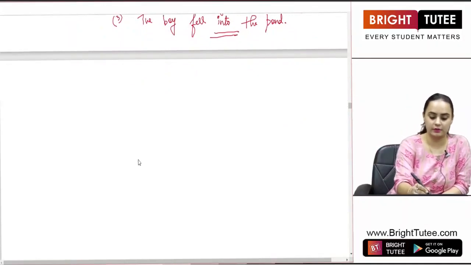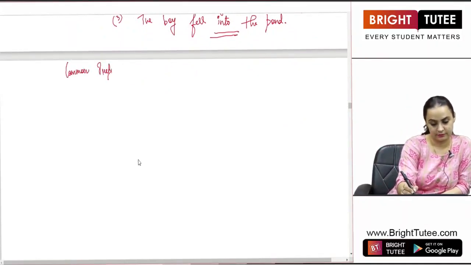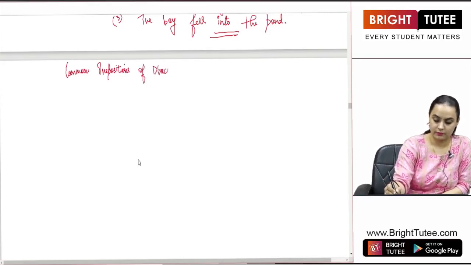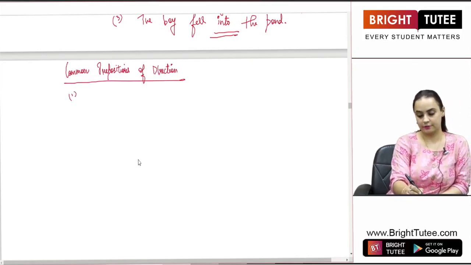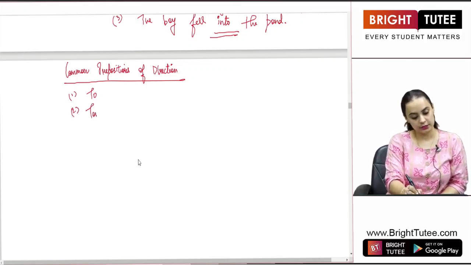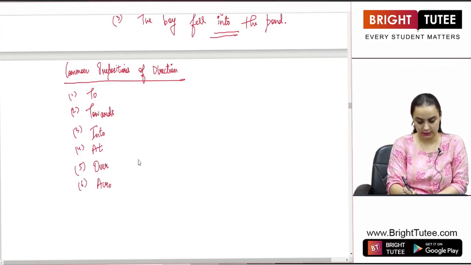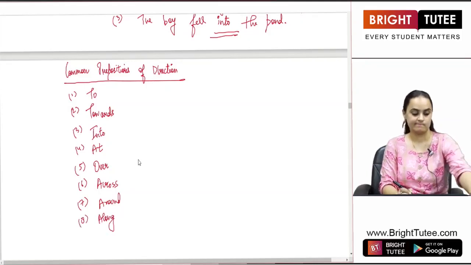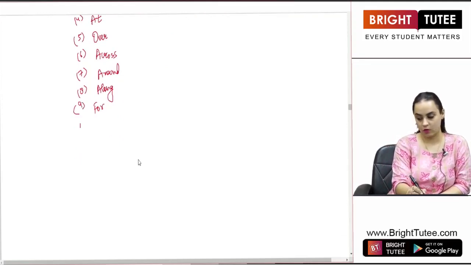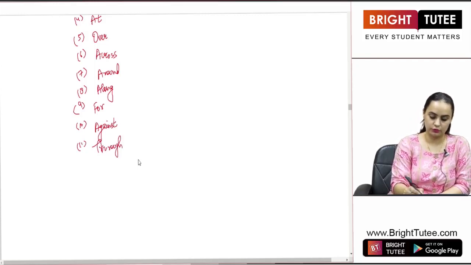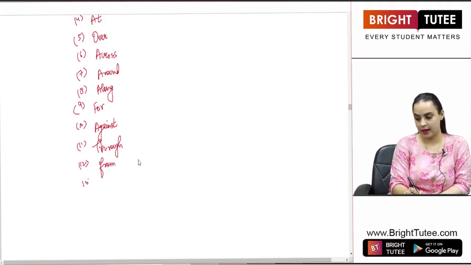Now, the most common prepositions of direction that we have: to, then we have towards, into, at, over, across, around, along, for, against, through, from, and of.